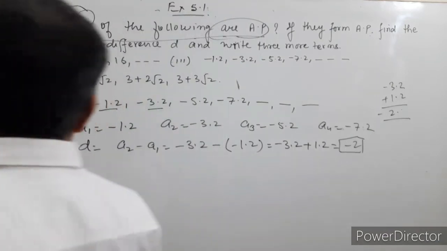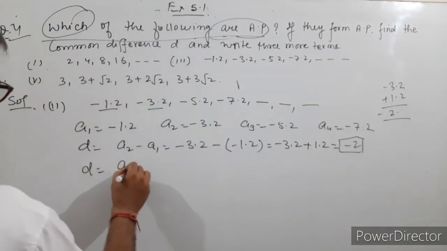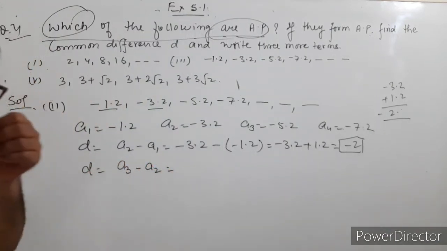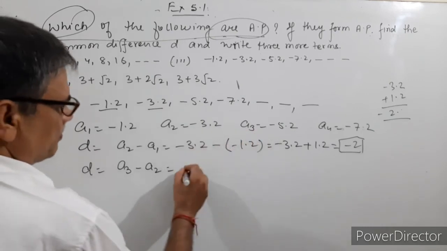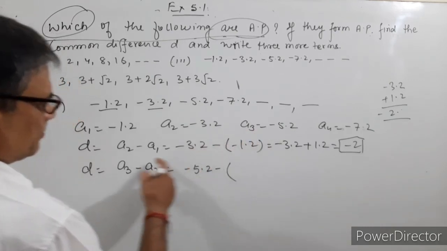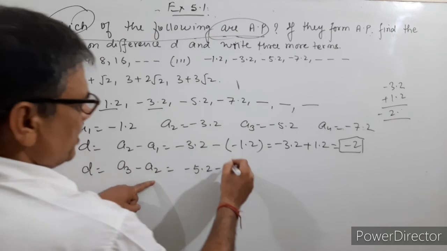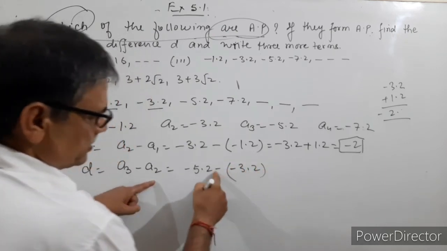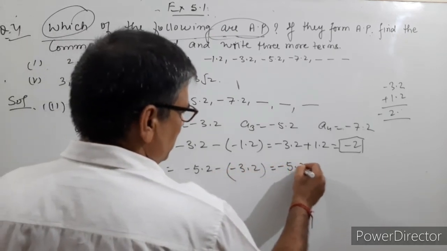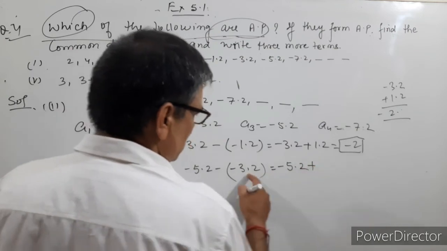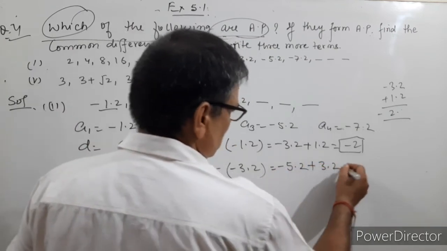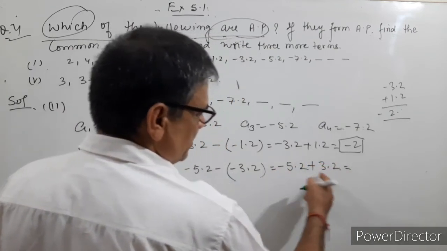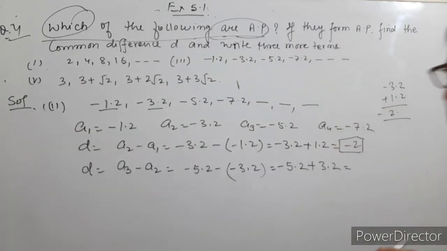And again we have to find out D. D is equal to A3 minus A2. What is A3? A3 is minus 5.2 minus what is A2? A2 is minus 3.2. Here is minus. Here is minus. Minus 5.2 minus minus plus 3.2. ये माइनस ये प्लस एक माइनस एक प्लस तो what is your answer?